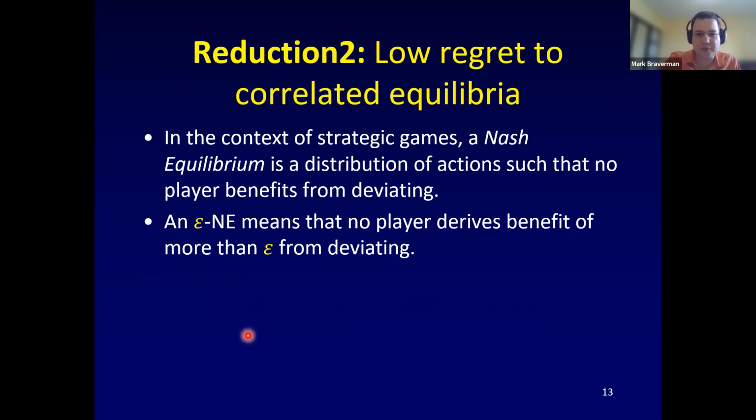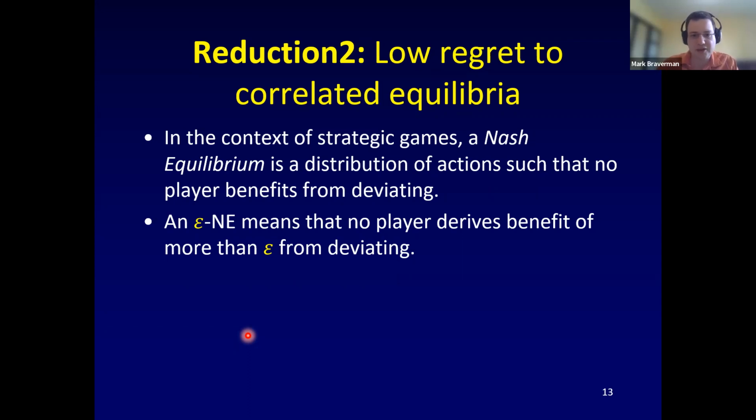So that's the first type of reduction that we'll use, the VCG reduction from optimization to mechanism with money. The second extremely important reduction is from low regret learning to correlated equilibrium.